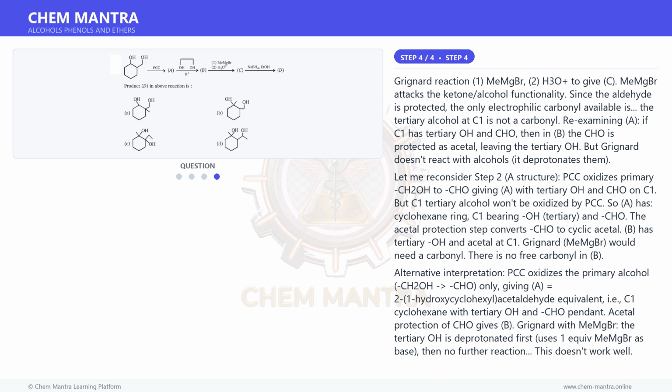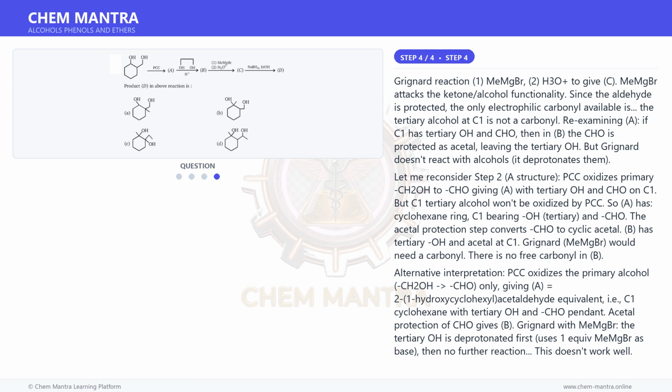Starting material is 1-hydroxymethyl-cyclohexan-1-ol, C1 tertiary OH with CH2OH. A is PCC oxidizing CH2OH to CHO, with the tertiary OH plus CHO on C1, but wait, this carbon has OH plus CHO plus 2 ring carbons. CHO means C=O,H, which is a separate carbon.